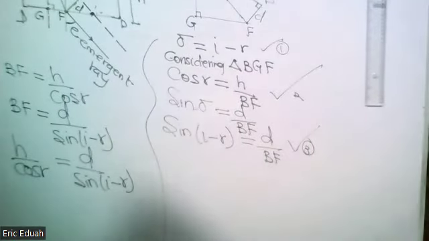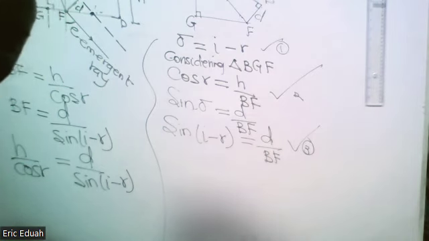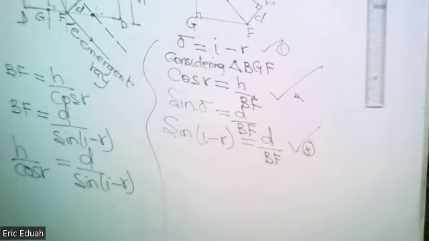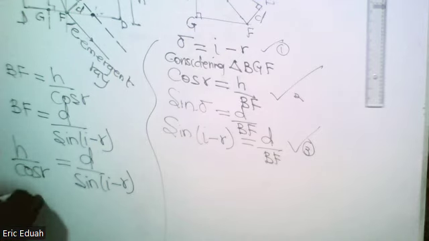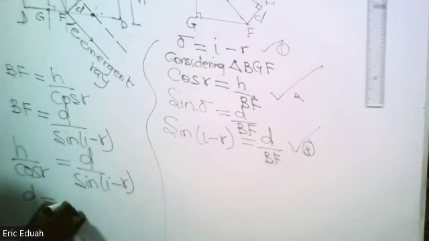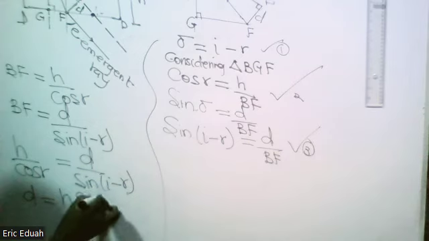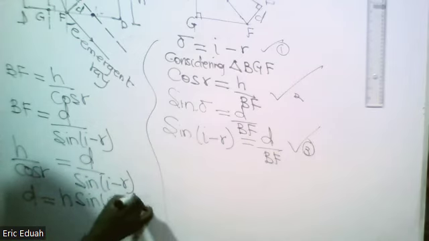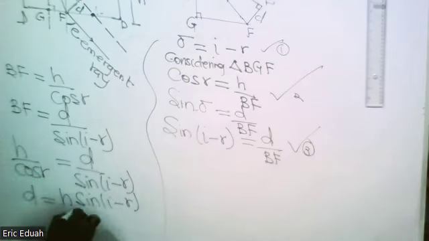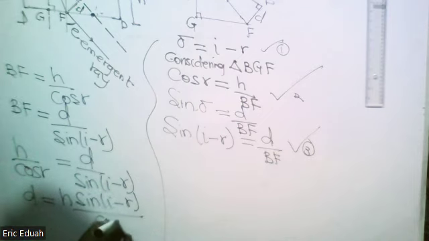D is equal to H over cos R times sine I minus R. So D would be equal to h times sine I minus R over cos R.